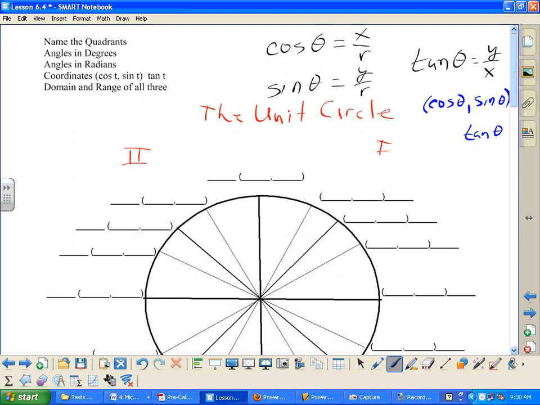As we have them written here, it'll always look like cosine of theta, sine of theta, and tangent of theta. So inside the parentheses is always cosine then sine. Outside is tangent.